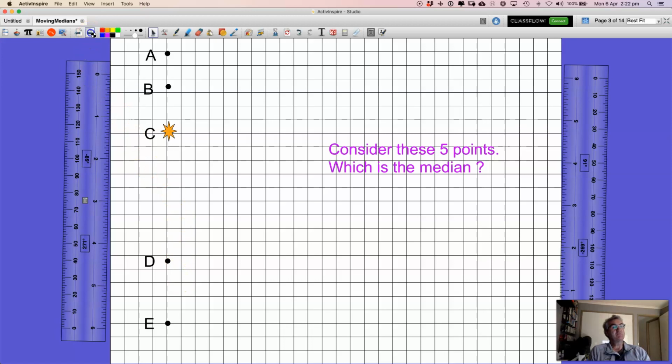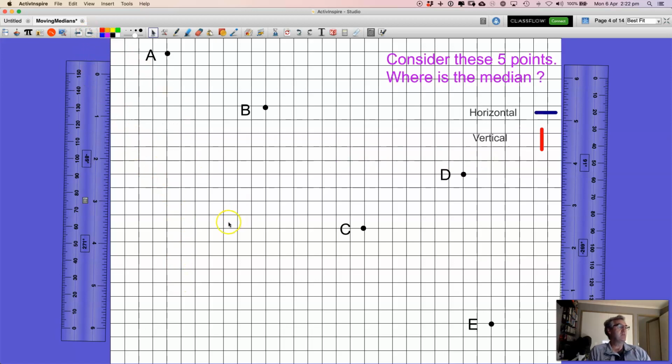Now, with median smoothing, we're going to apply this on both the vertical and the horizontal plane. Now, if I consider the horizontal, then we basically are looking at creating a horizontal line, and I end up with 2 dots above, 2 dots below, and the median goes through this point here, point D. Now, if I want to draw a vertical line, I'm going to do a similar sort of thing.